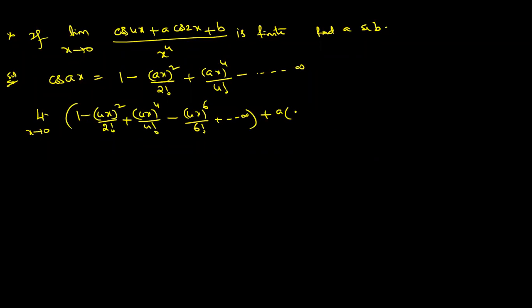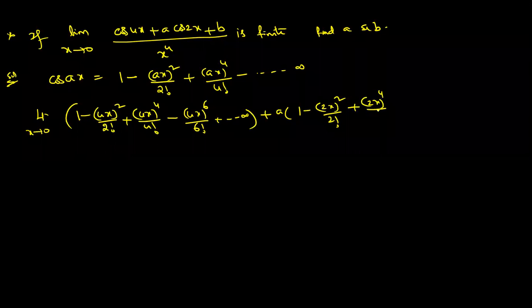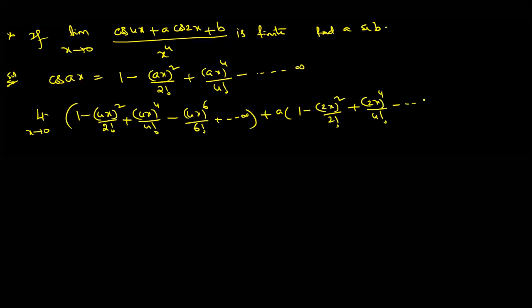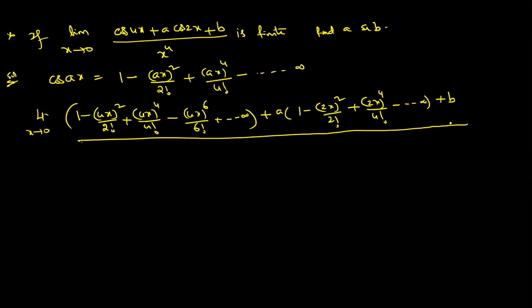What next? a into cos 2x means 1 minus (2x) whole square by 2 factorial plus (2x) whole power 4 by 4 factorial, plus b, whole divided by x power 4. Keep in your mind, what is this? Finite value.